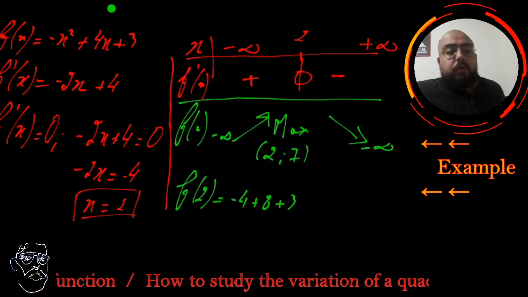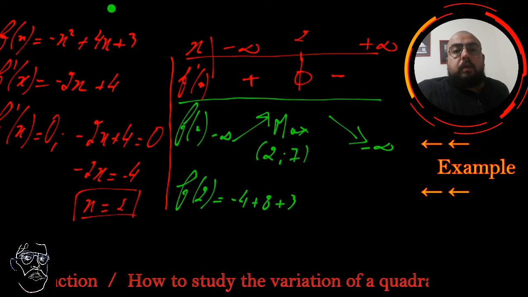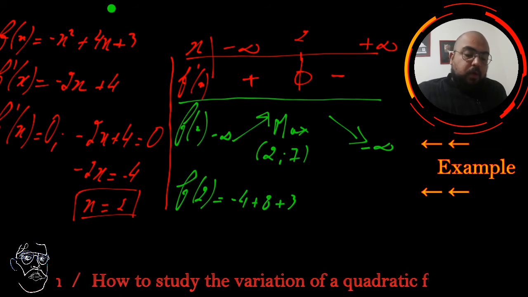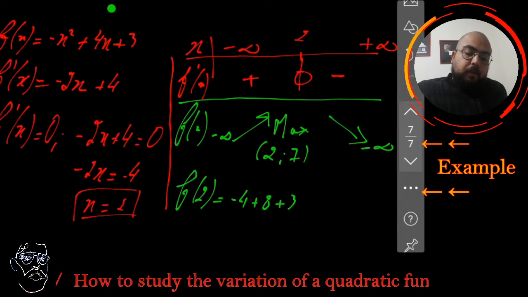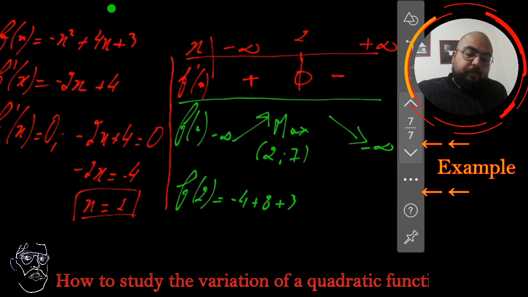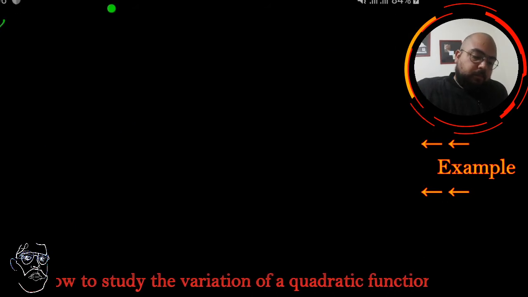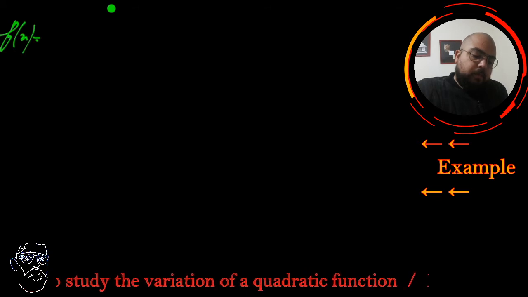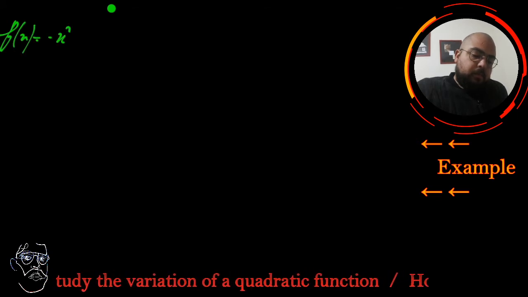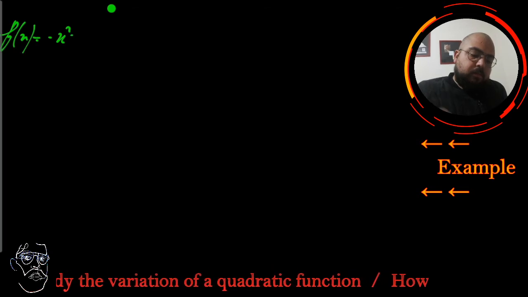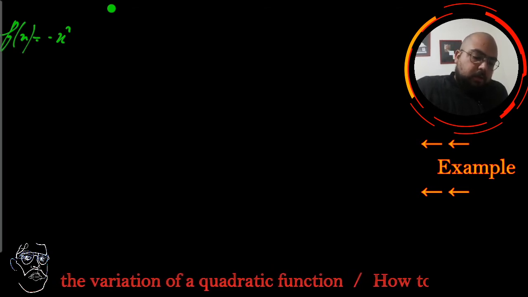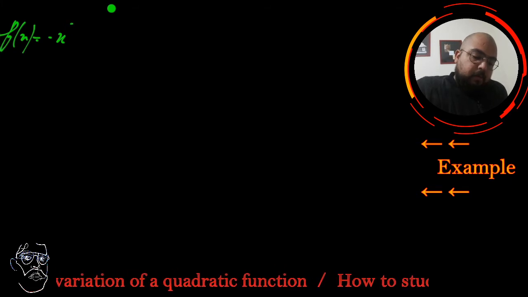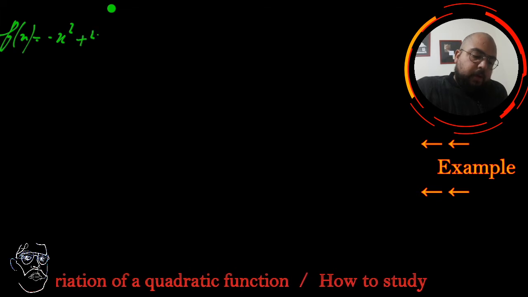Once you have done your table of variation, you can take some particular points and then draw your curve. So the following step will be to take some particular points. So f of x is minus x squared plus 4x plus 3.